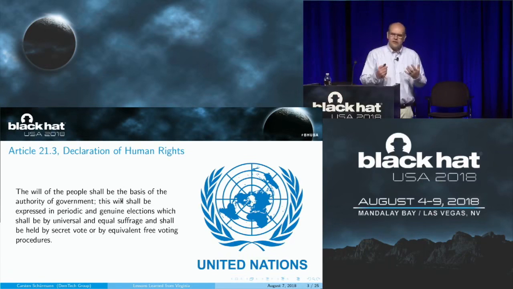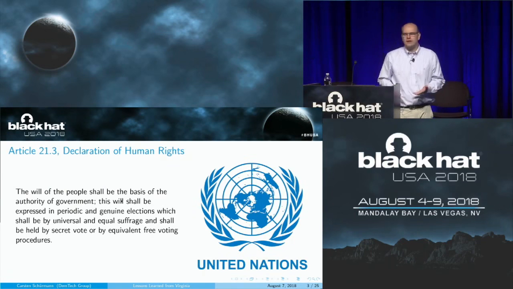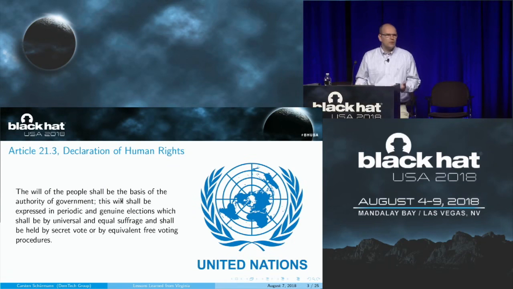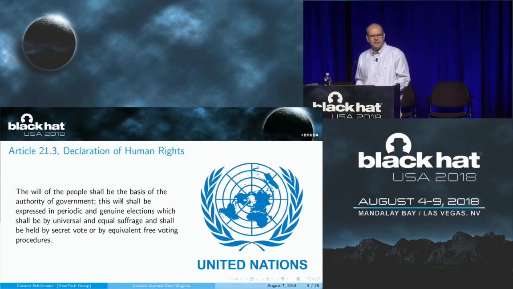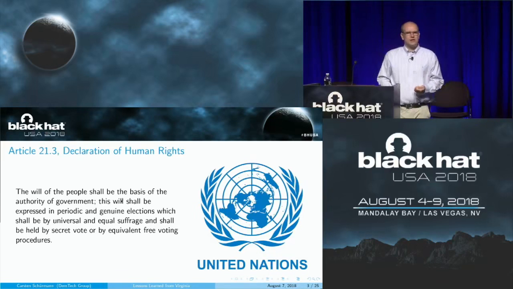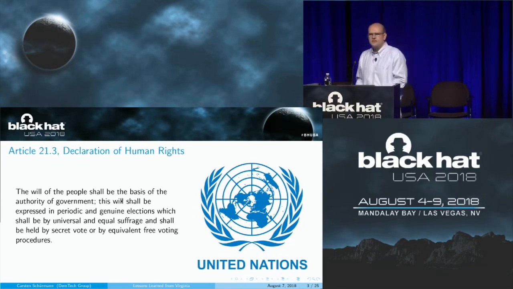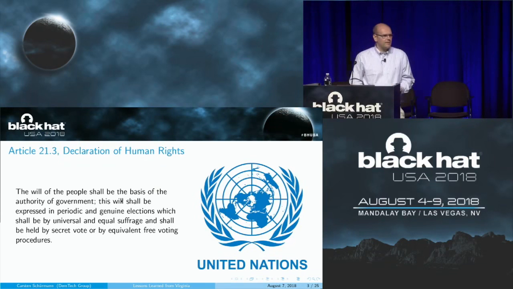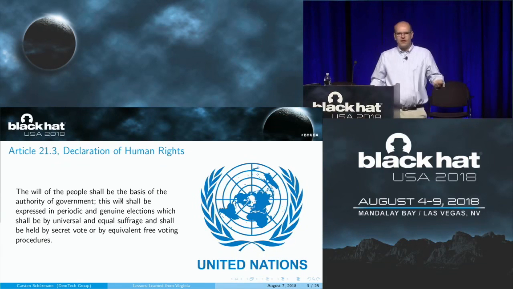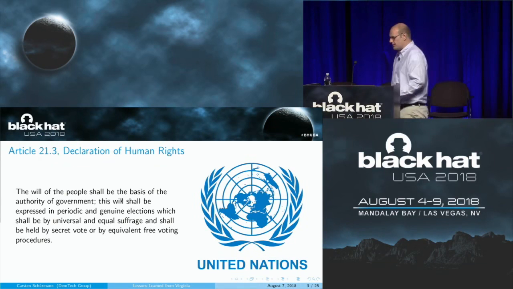When you have a vulnerability in your system, people might use it to exploit it, hack it, and change votes on the machines. That's a real threat. But the other threat is equally important and equally dangerous. And this is the threat of an alleged cyber attack, where people claim that there was a cyber attack when there actually wasn't one.